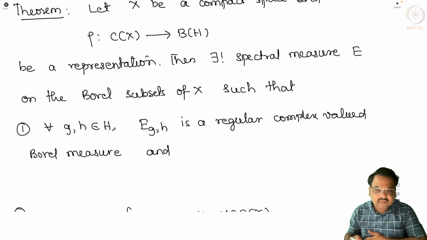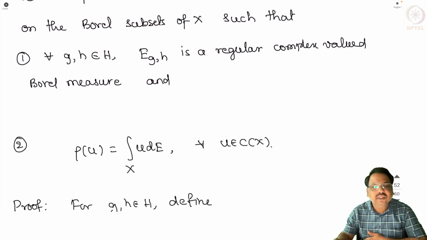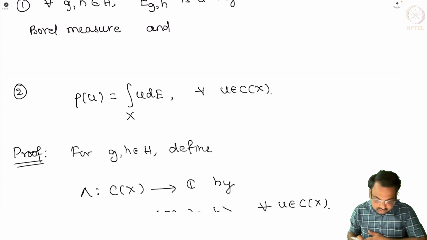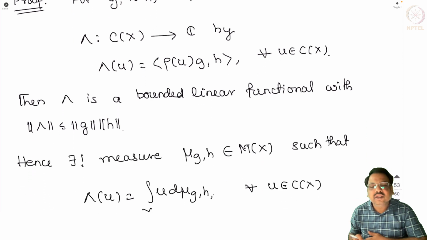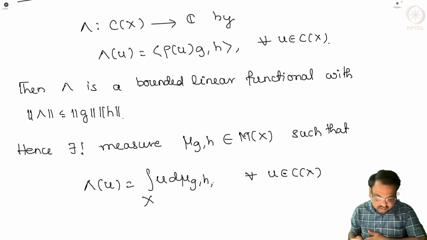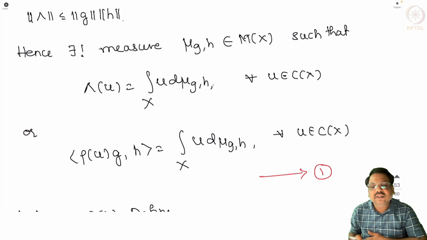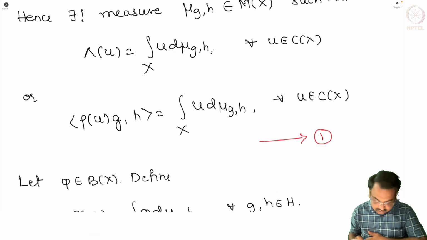So we are given a representation from C of X into B of H. Now fixing two elements g and h, and defining a functional lambda from C of X into C by lambda of u equal to the inner product of rho u at g with h for every u in C of X, this gives a bounded linear functional. Now we can apply the Riesz-Markov theorem to get a measure which depends on g and h, that is mu of gh.